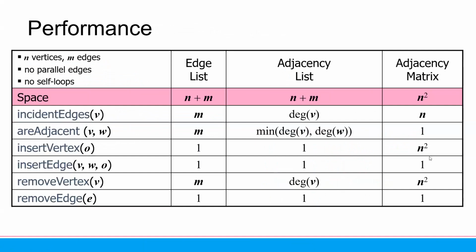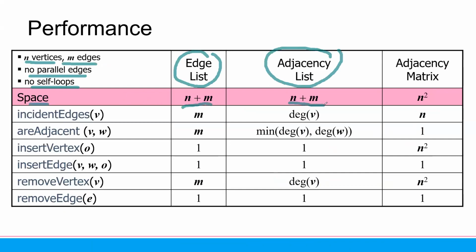So the performance of this ADT, if we just consider these three kinds of data structure, suppose n is the number of vertices and m is the number of edges, and we assume there are no parallel edges and no self loops. If we have the edge list and adjacency list, the space is the same, n plus m.